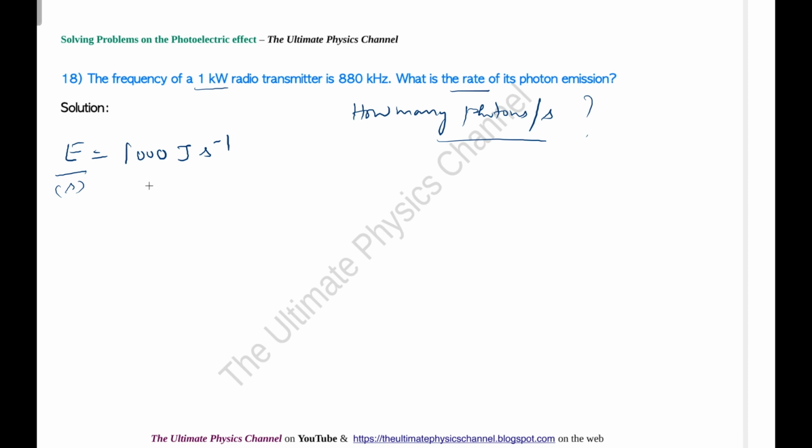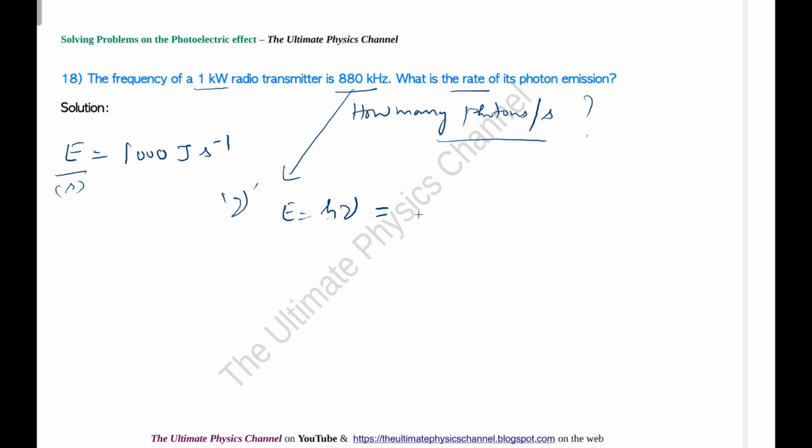Now, the number of photons we need. First we have to calculate the photon energy from frequency nu. So E is equal to h nu. For 880 kilohertz, we have 880 times 10 power 3 hertz, and for h we have to substitute its value.